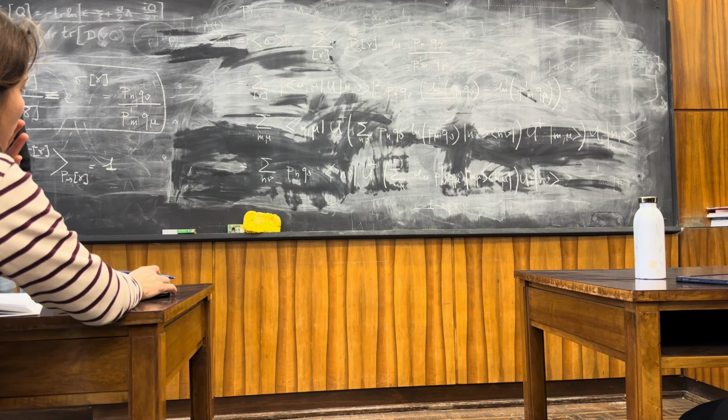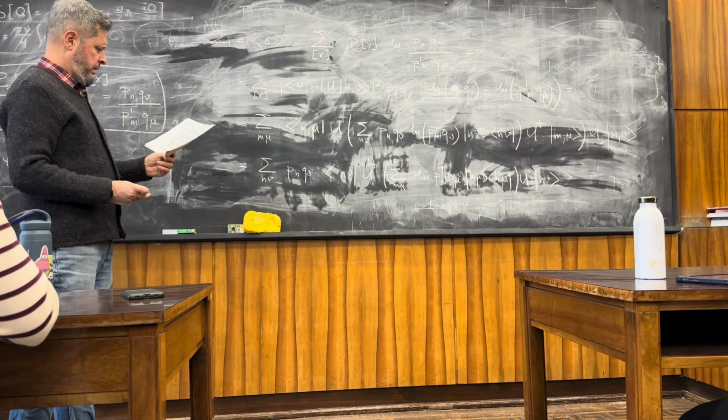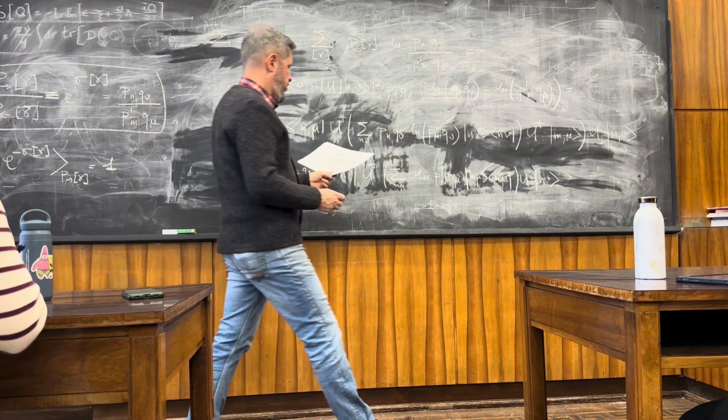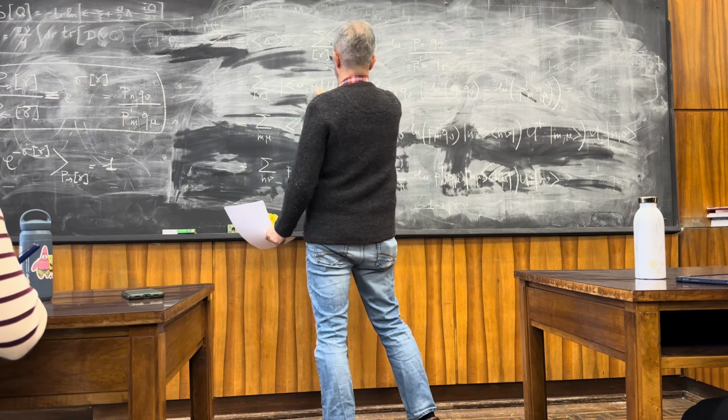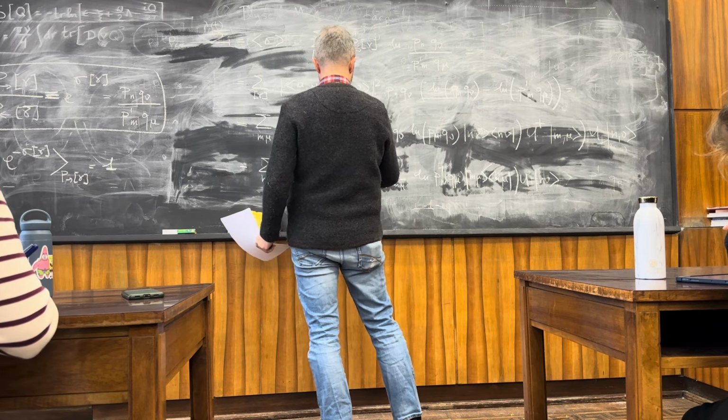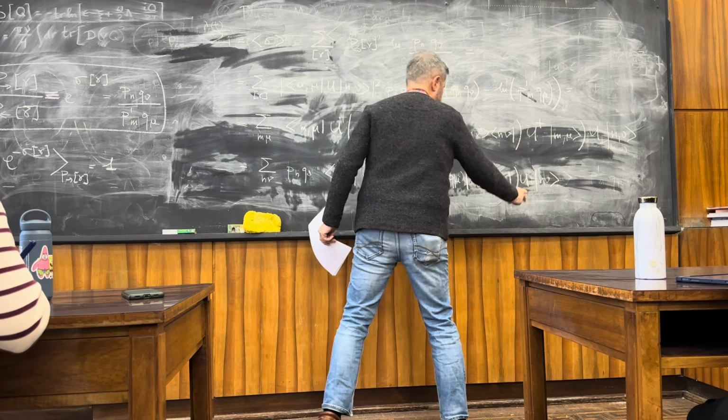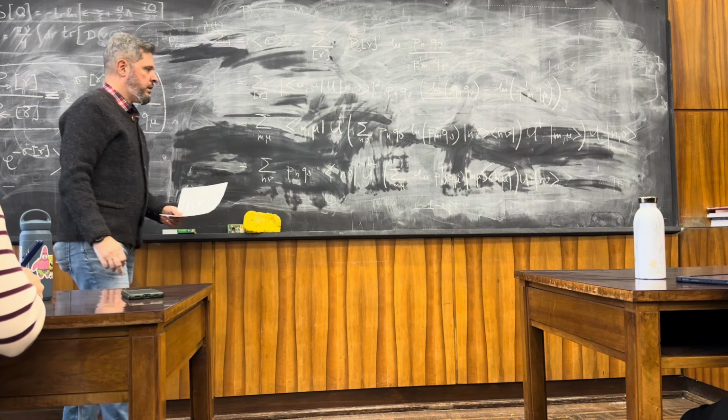Yes, somewhere it should be U dagger. You're right, so there should be a dagger, here U, and the dagger there, and here U dagger. Now it's complete. Thank you.